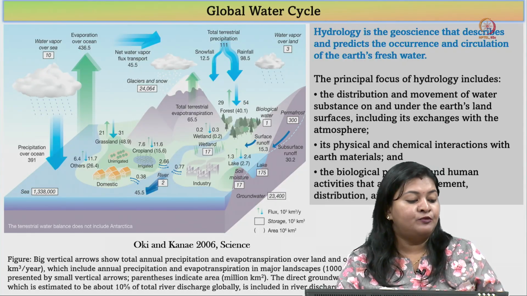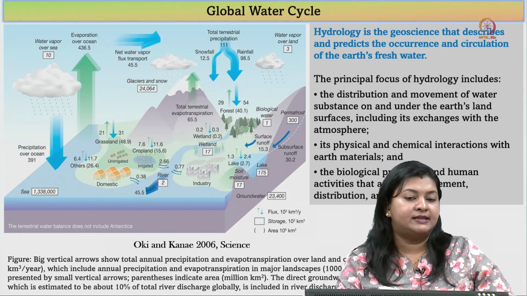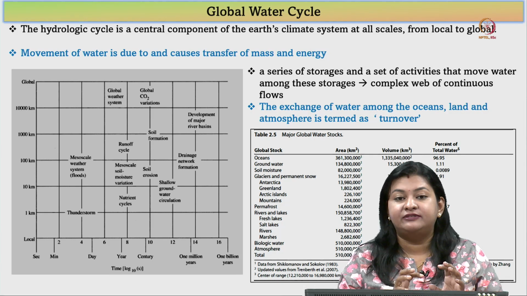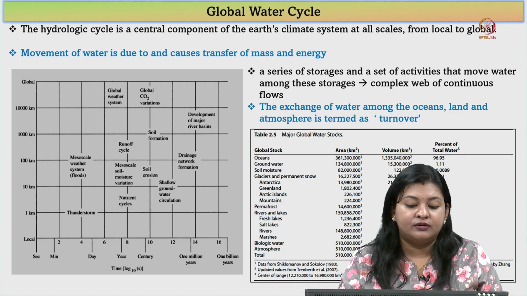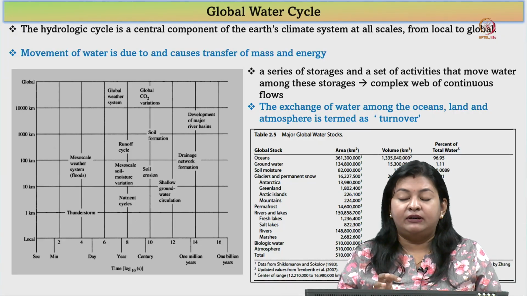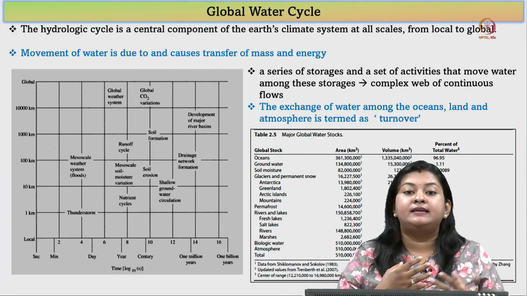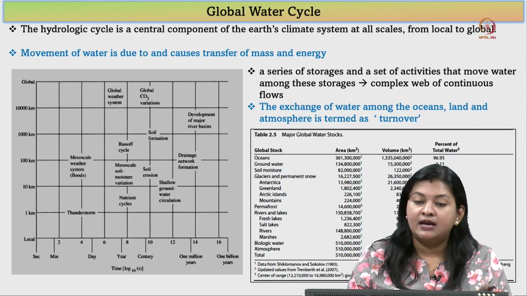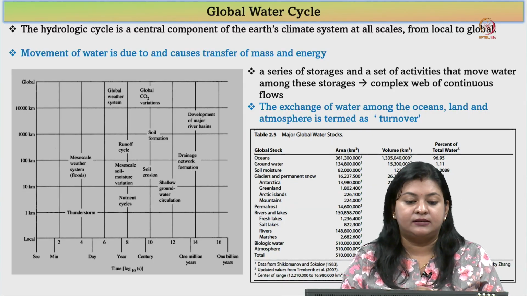Now, as I move deeper into the hydrological cycle, I will start dividing it, okay, and I will start first with the time and how much the reservoir is and all that, because we need to understand the scales that we are working with, both spatial scales as well as temporal scales. Okay.